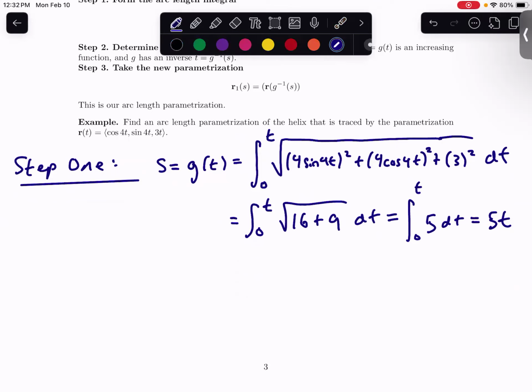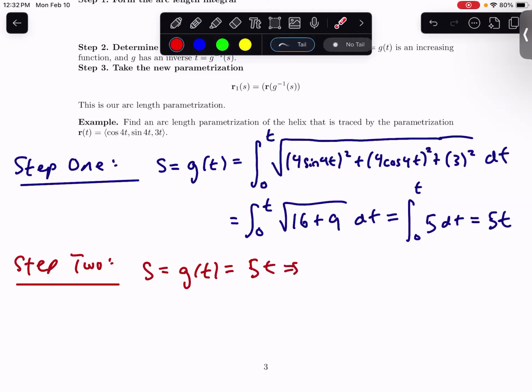Step 2, you want to find the inverse of this function. And so what I mean by this, you kind of have to go back to maybe algebra 2 or algebra 1, whenever you learned about how to compute the inverse of a function. Right, so we have s is equal to g of t. This is equal to 5t.